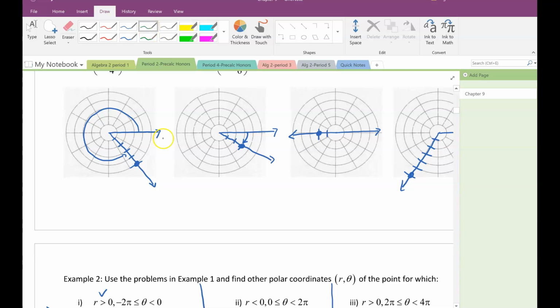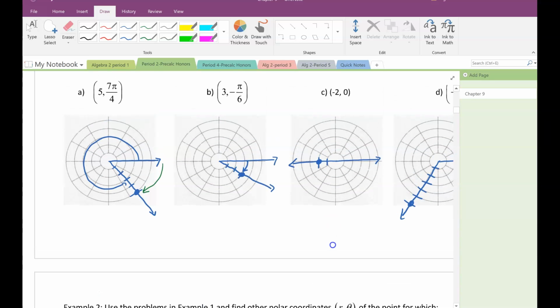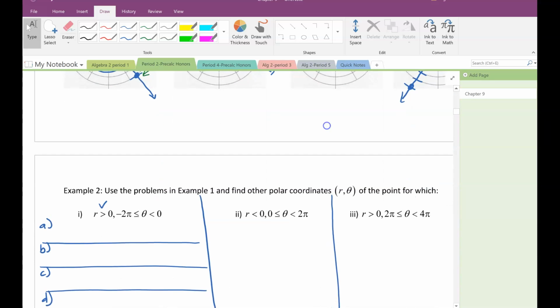So for us to end up at the same dot here, we just have to go counterclockwise. So that will still give us the positive radius of 5, but now we're gonna have a negative angle, so 5 comma negative pi over 4. This polar coordinate will still give us the same exact location.